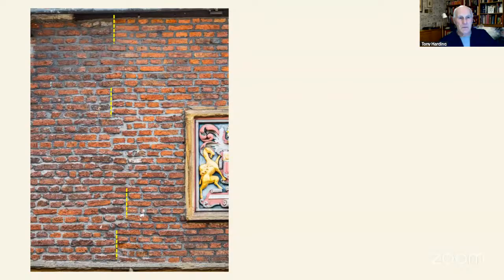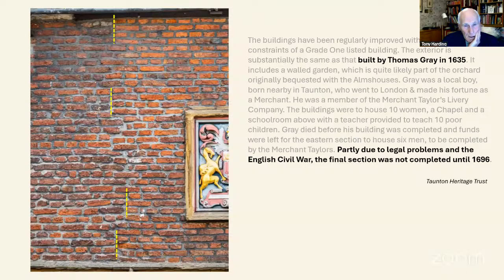So it prompted me to do a bit of research and reading into this building, and this is some information I found on the website of Taunton Heritage Trust, who are the custodians of this building now.